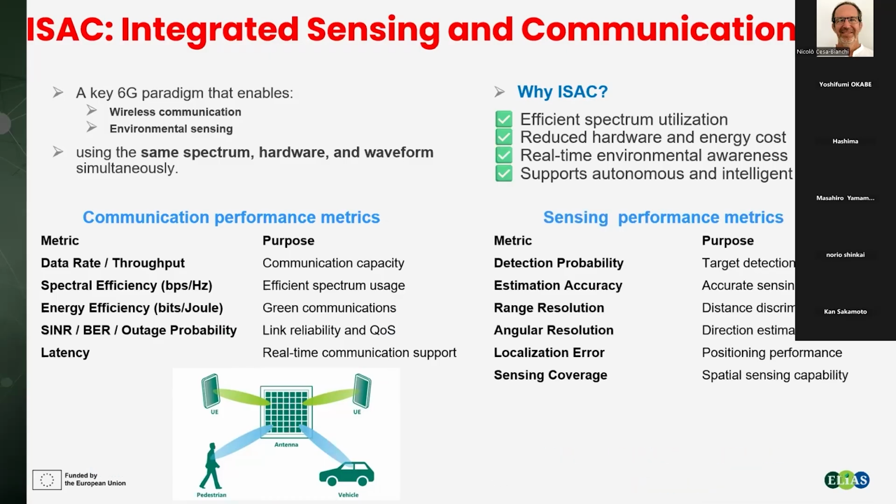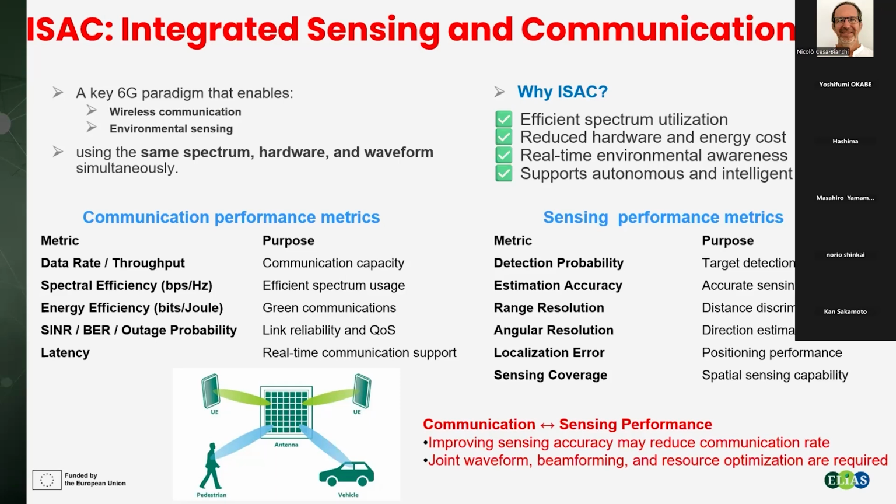For the sensing performance metrics, we have the detection probability, target detection capability, estimation accuracy, range resolution, angular resolution, localization error, and sensing coverage. And we have this trade-off between communication and sensing. If we improve the sensing accuracy, we will reduce the communication rate. And we need some techniques for joint waveform, beamforming, and resource optimization.